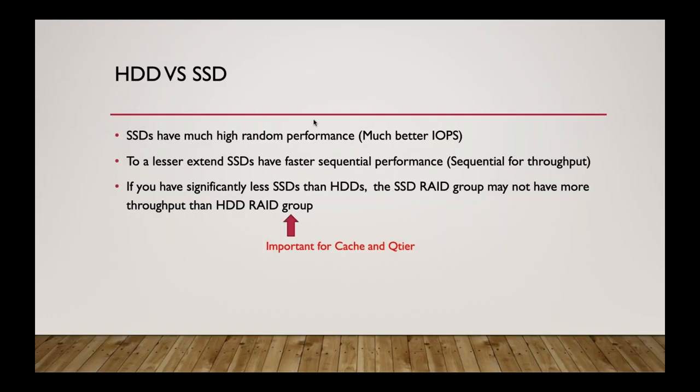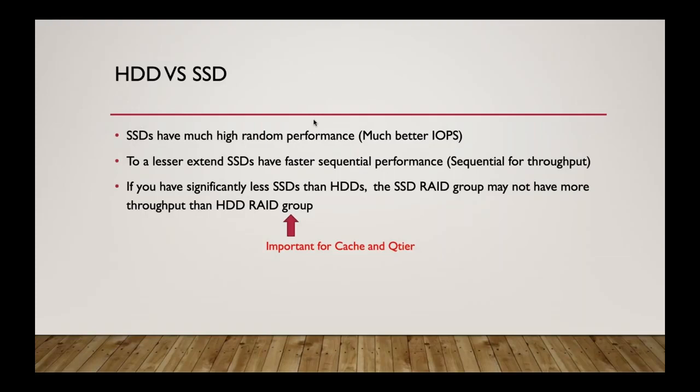As I mentioned before, when it's a bunch of teeny tiny files, it tends to be more random, where IOPS matters more. But if they're medium to large files, it tends to be more sequential. And for medium to large files, HDDs are typically just fine. So as I mentioned, SSDs are much better for IOPS, much better random performance, orders of magnitude better for random, but to a lesser degree, they're faster sequentially.